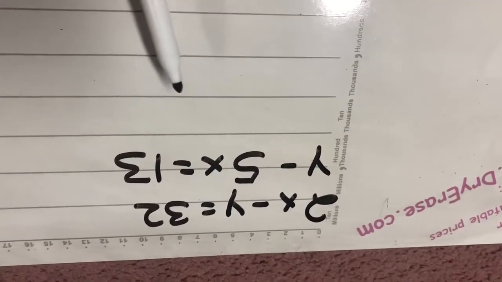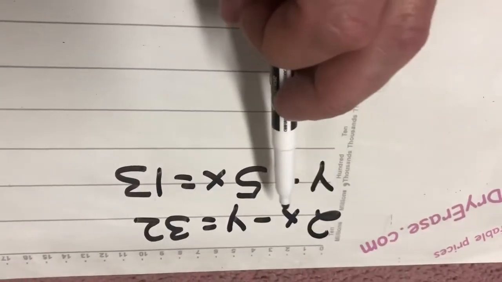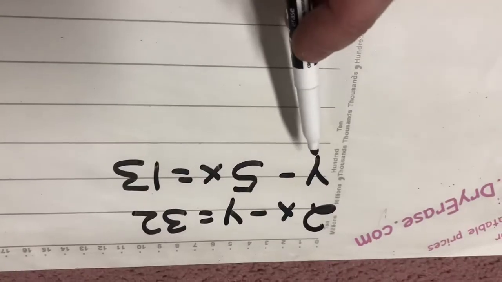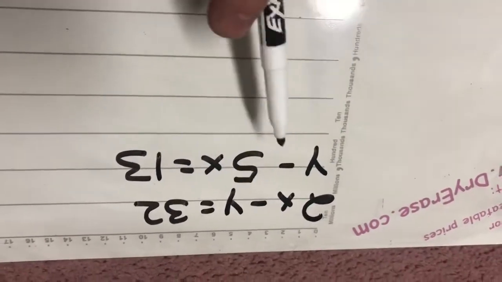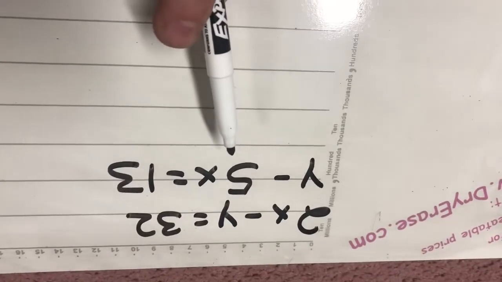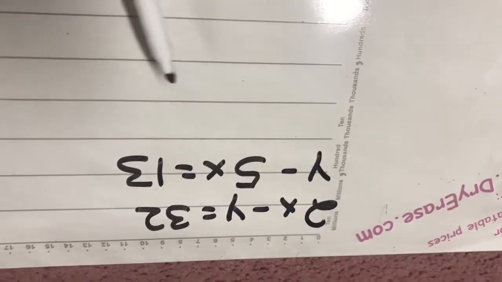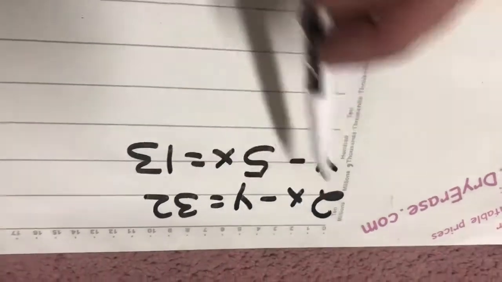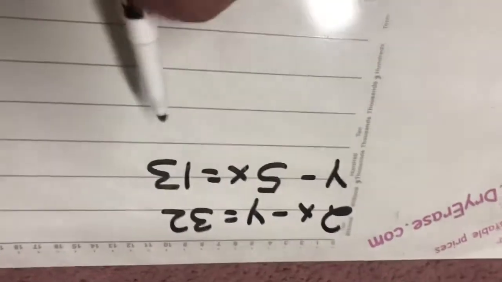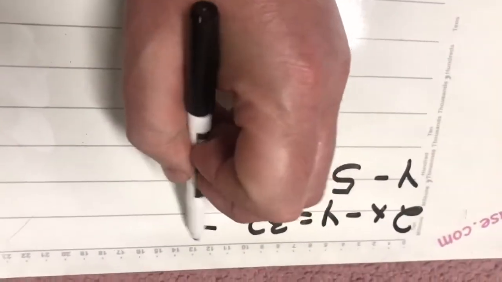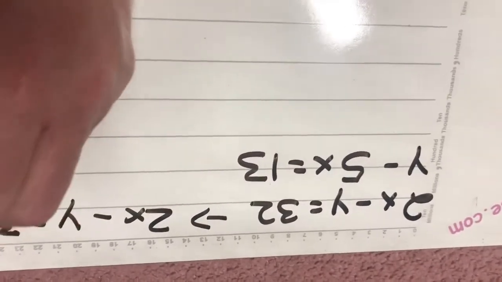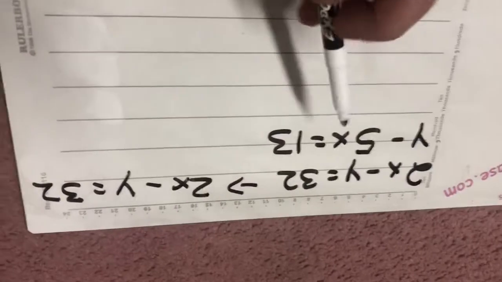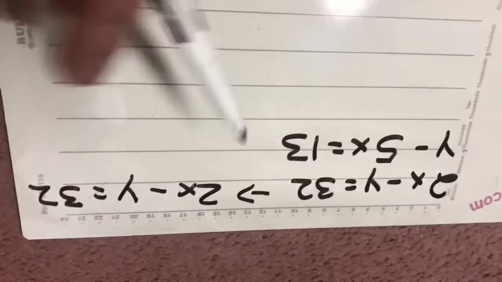Okay? So, I have this 2x minus y equals 32, y minus 5x equals 13. I want to line up my like terms, so I'm going to leave this first one the same, and I'm going to rewrite 2x minus y equals 32. But you're going to have to rewrite one of the equations so the like terms line up.